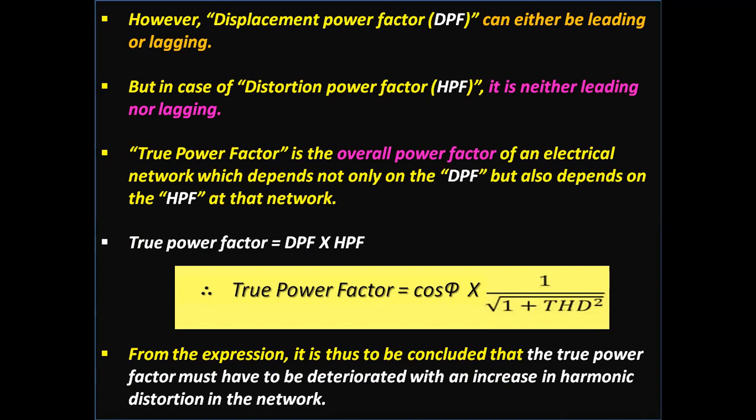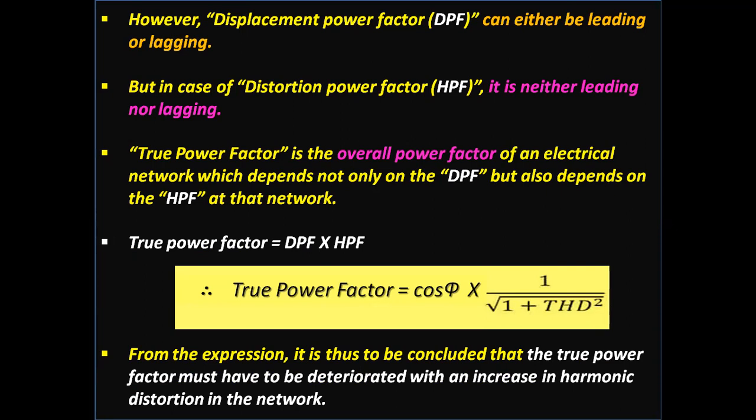True power factor is the overall power factor of an electrical network, which depends not only on the displacement power factor, but also on the distortion power factor, that is HPF, harmonic power factor, of that network. True power factor, therefore, is the displacement power factor into distortion power factor or harmonic power factor.